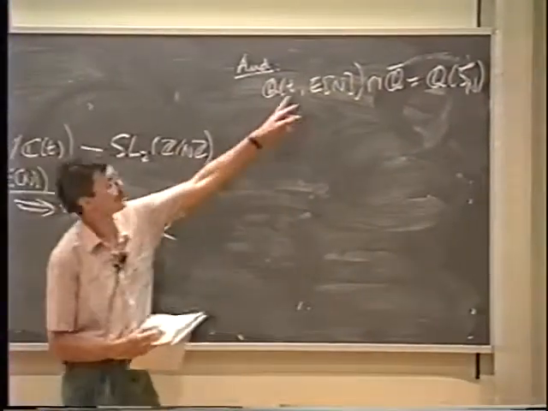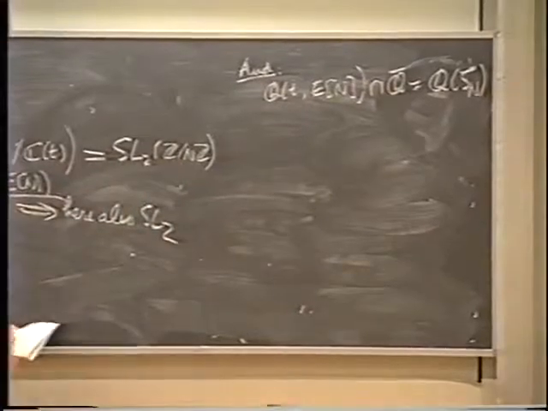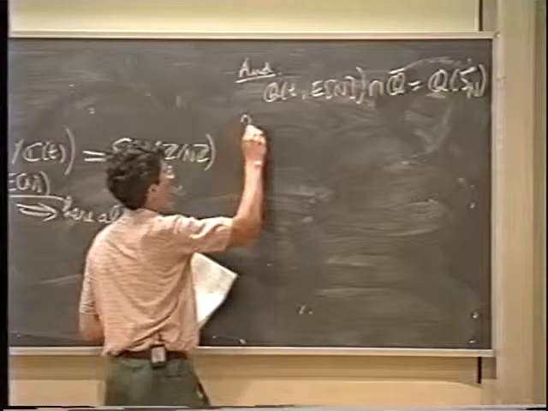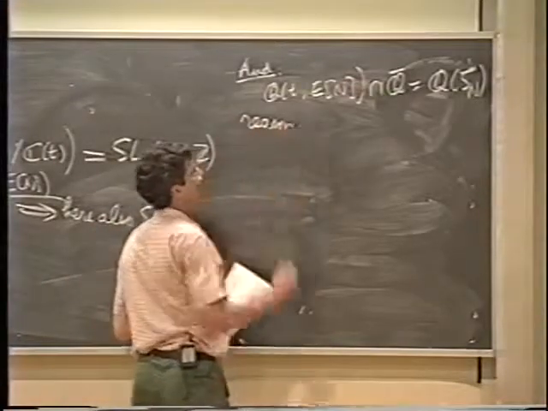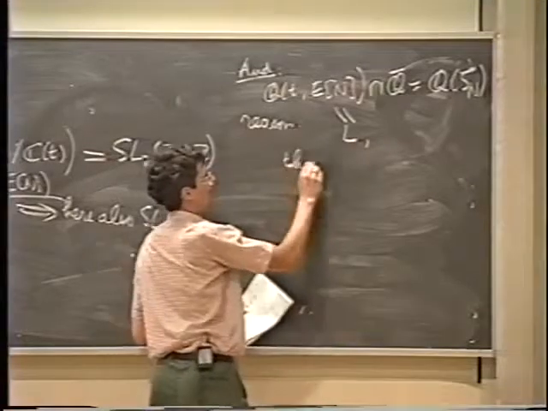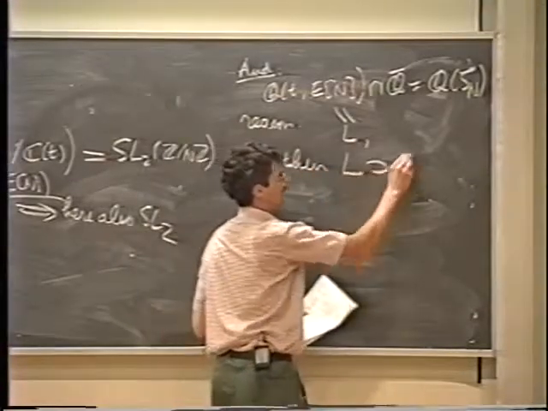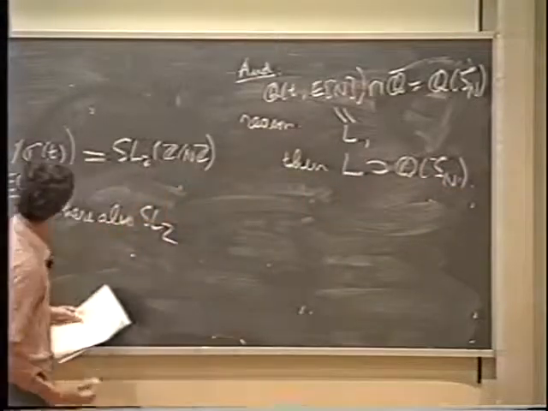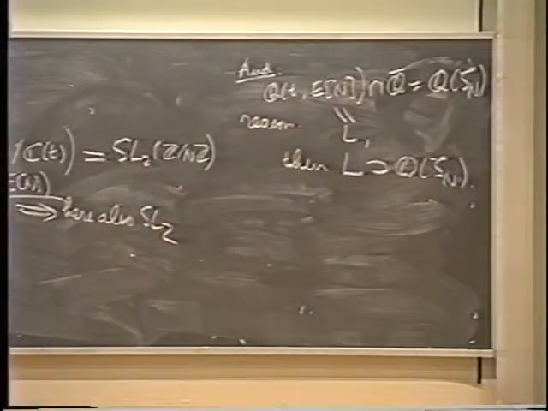For sure I get those from the formalism of the Weil pairing, but no more. And the reason: suppose this equals L, then certainly L contains this Q(ζ_n). And now I do the same thing here.